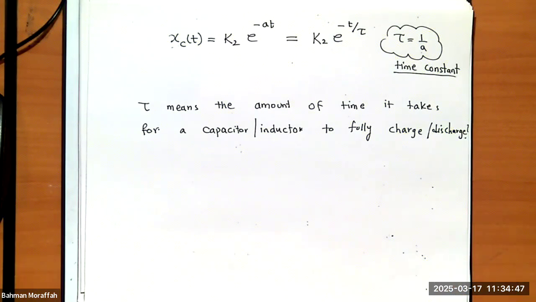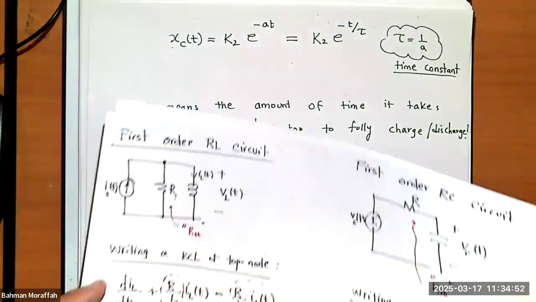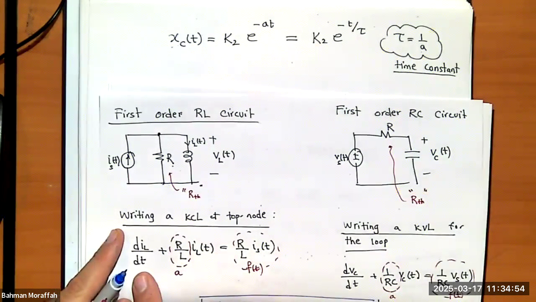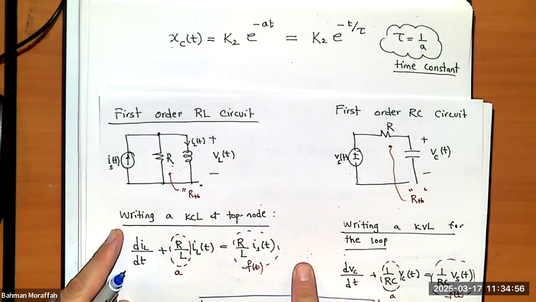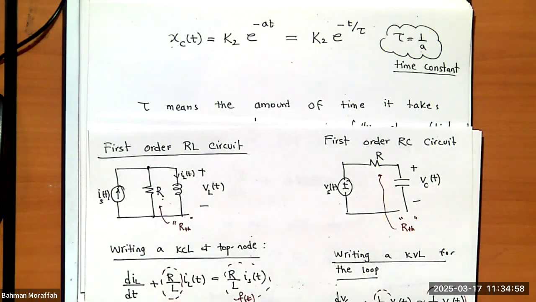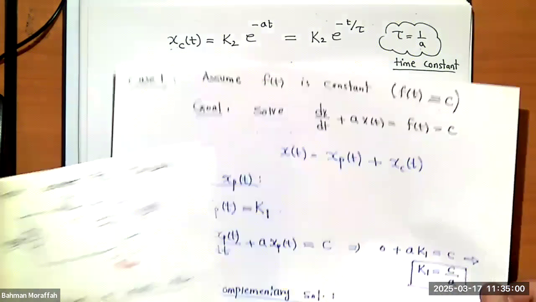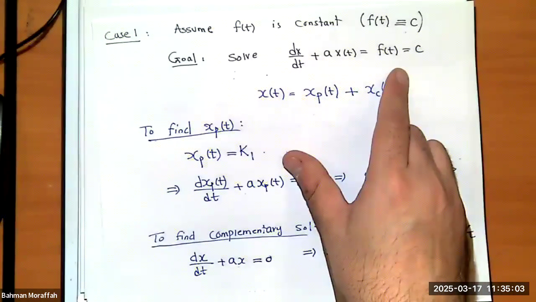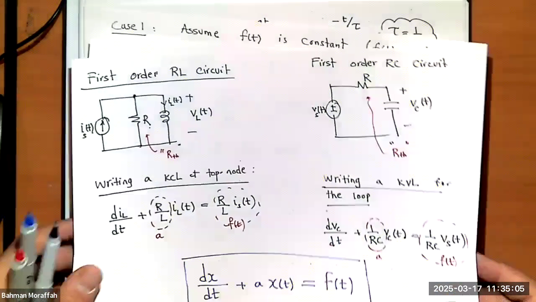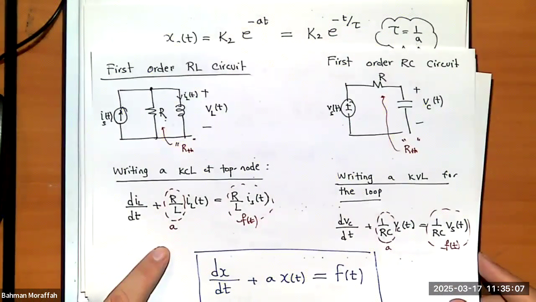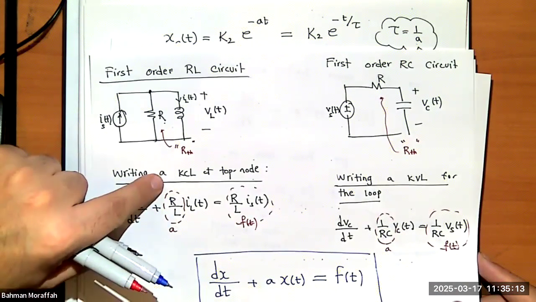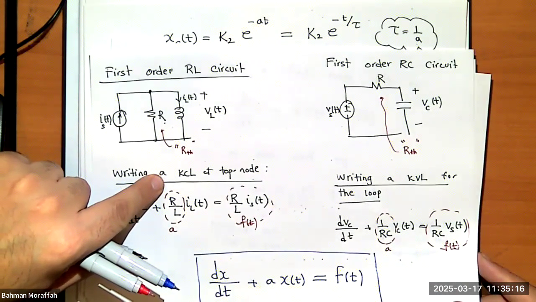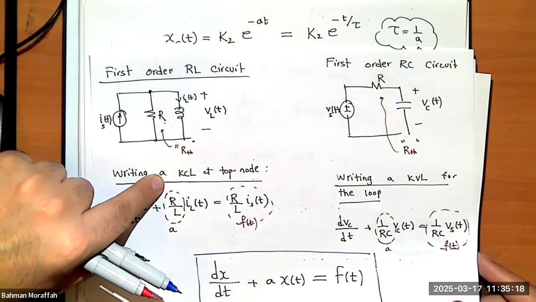So if I go back to the equation that I had for the RL circuit, and compare it to this differential equation that I have over here, what is my time constant? The time constant is 1 over a, right? Therefore, it is L over R, right? Everybody see it?